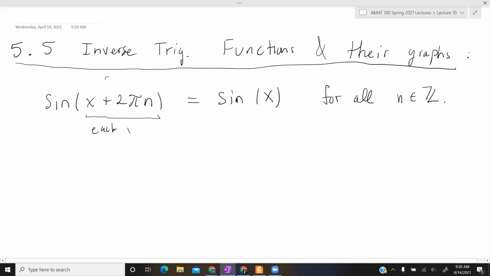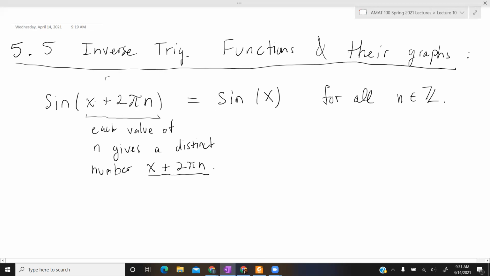So each value of n gives a distinct number, x plus 2 pi n. If you take different values of n, this number will be different. There'll be an infinite number of distinct numbers. It's a whole family of numbers.